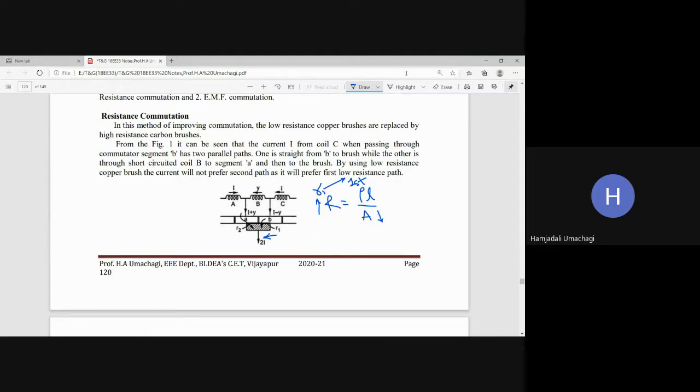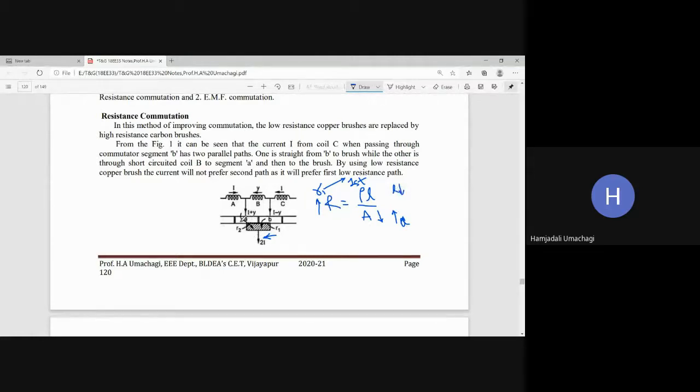If I consider the brush position now having more contact area with segment A, then at this period the contact area is increasing. If contact area is increasing, what about resistance? Resistance will be decreasing.